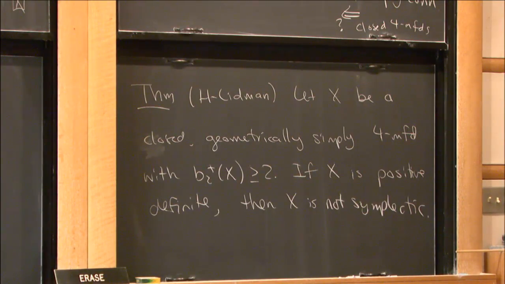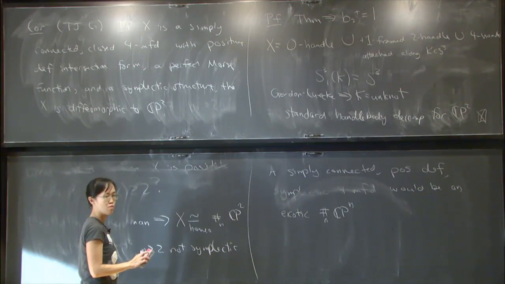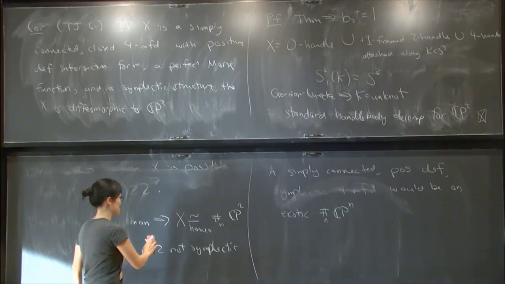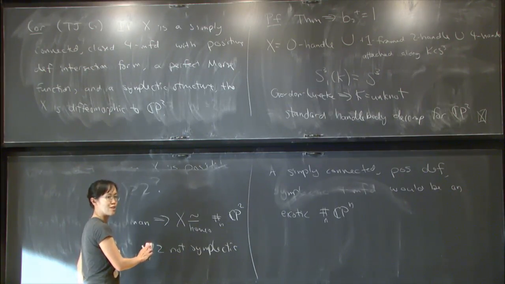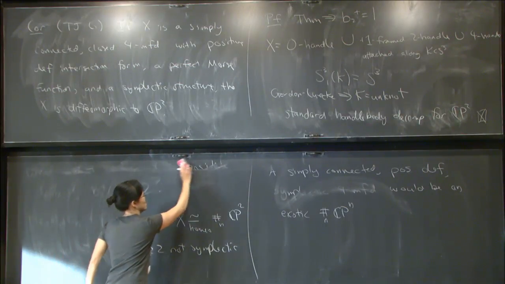Excuse me, but doesn't CP2 have an exotic symplectic structure? I don't think so. Is that open? No, it has a unique symplectic structure. So it's actually symplectomorphic. Yes, that's a good point.